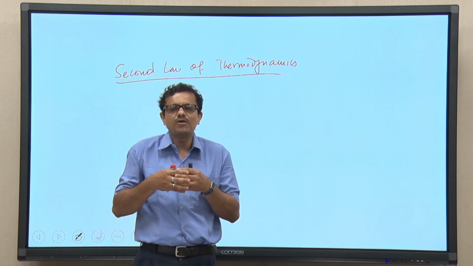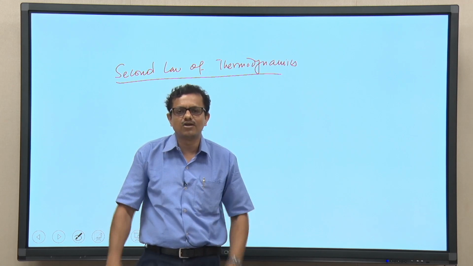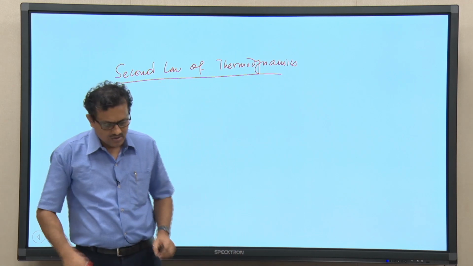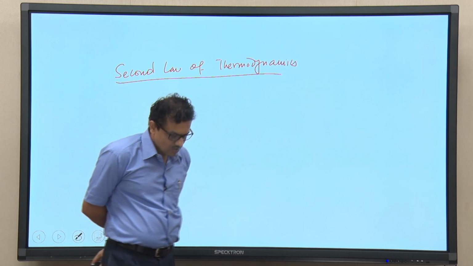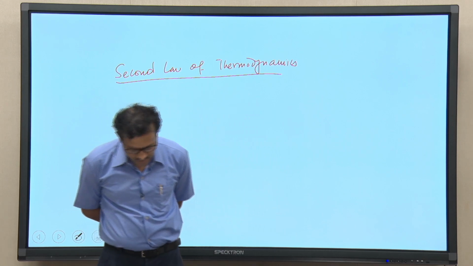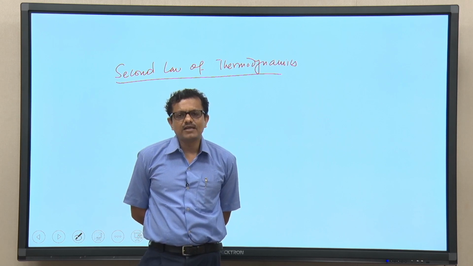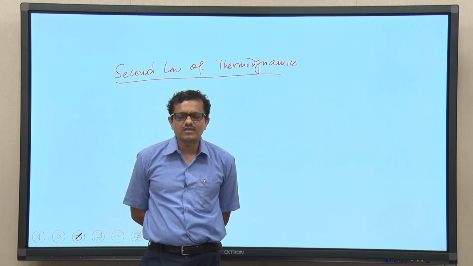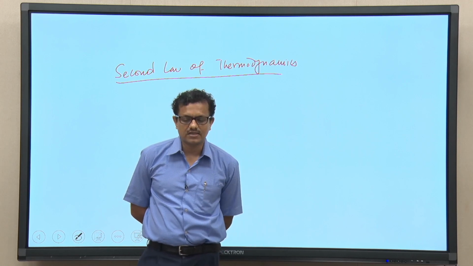So the concept of entropy essentially comes from the second law of thermodynamics. There may be a few more, but at least we have discussed a few objectives which cannot be described by making use of the first law of thermodynamics, and that is why the second law of thermodynamics came into the picture.